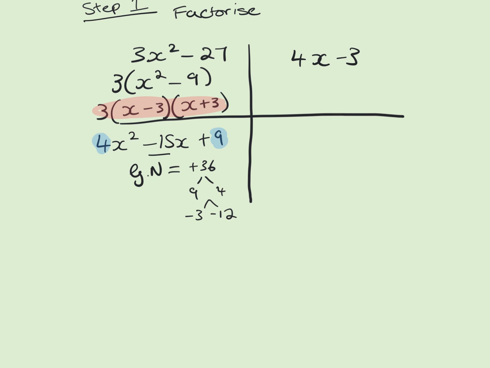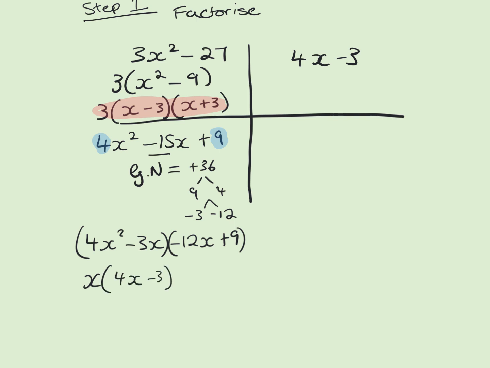So I'm just going to go ahead and rewrite that. And when I rewrite that, I'm going to get 4x squared minus 3x minus 12x plus 9. And then my brackets go in, and I'm going to take out my x. I'm going to be left with 4x minus 3. And on my other side, I'm going to take out a minus 3.